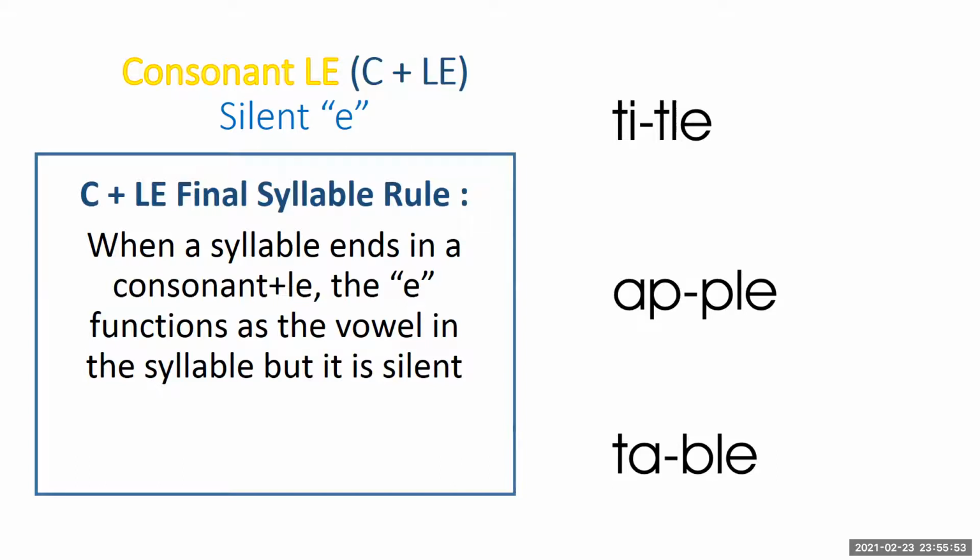Title. You don't hear the E, and the E does not make anything long. The I in the syllable is long because it ends the syllable. That's a consonant-vowel. Apple. And again, we don't say apple-y, we say apple. The E is silent. And table, the E is silent.